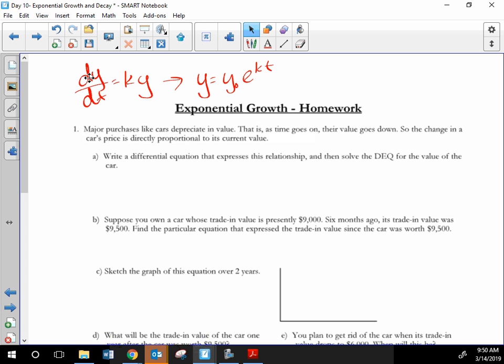Okay, so your homework, what do you guys want, odds or evens? You know what? I'll let you choose. Either do odds or evens of the ones that say homework.